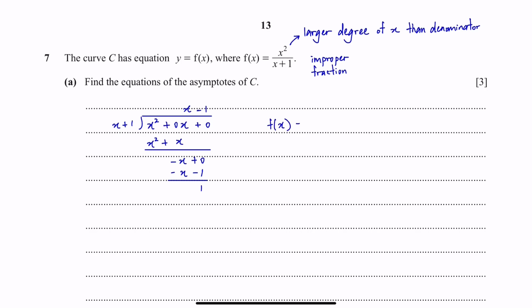So f(x) can be written as x minus 1 plus 1 over x plus 1.